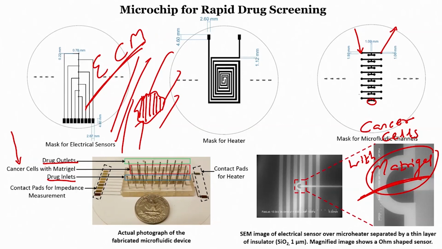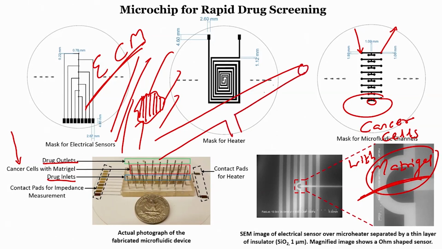Now, if I enlarge this particular channel, then it is like this. Okay. And below this channel there are interdigitated electrodes.